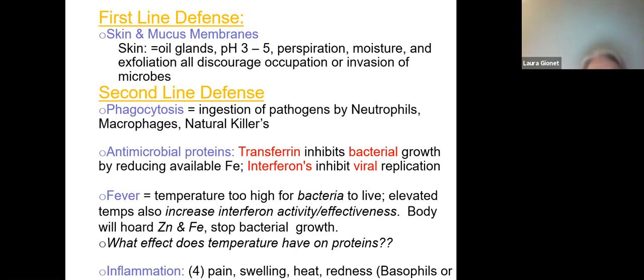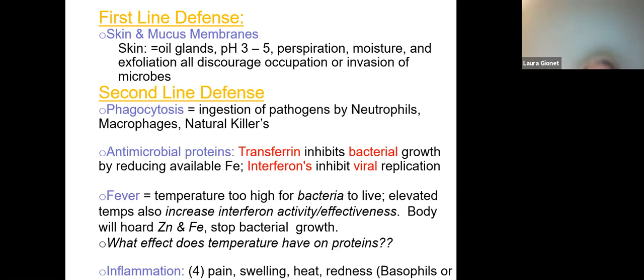Okay, fever. Temperature too high for bacteria to live. So what we're saying is that different chemicals are going to be released when we find some of these bacteria and viruses. And that signals your brain, your hypothalamus, to increase your body temperature because there's some organism there.